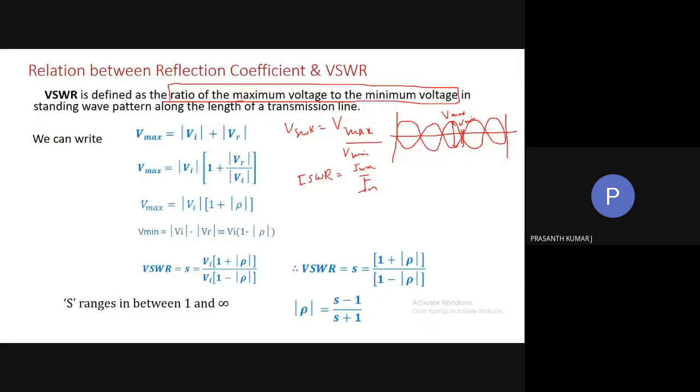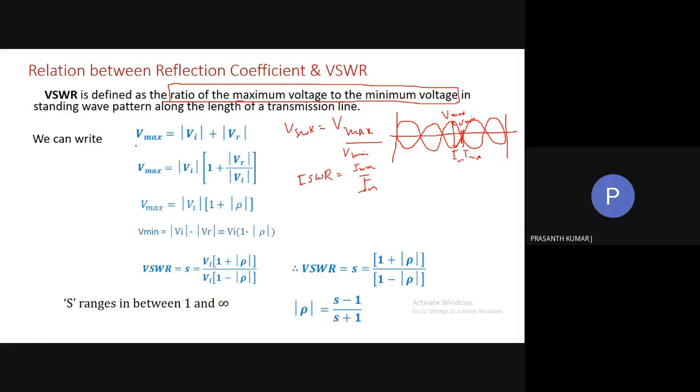Similarly, where the amplitude is low, it is called Vminimum. Another thing here is that at Vmax there is Iminimum, and at Vminimum there is Imaximum. Is that clear? Okay. So now Vmax by Vminimum, that is nothing but VSWR. Now look here. What is Vmax? Vmax is nothing but Vi plus Vr, incident voltage plus reflected voltage.